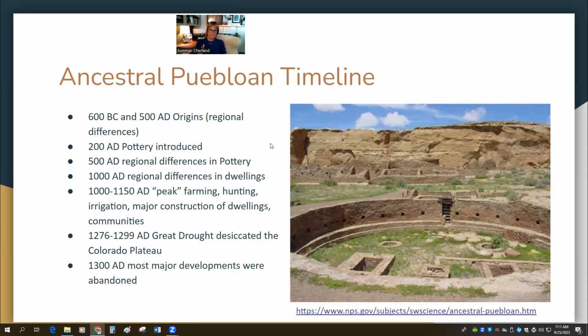Around 1276 to 1299, geologists have found there was a great drought that truly desiccated the entire Colorado Plateau. And we know that around the year 1300, most major communities or construction projects were abandoned. So either these groups dispersed or they started living a little bit more migratory. They kind of reverted back to a migratory way of life.